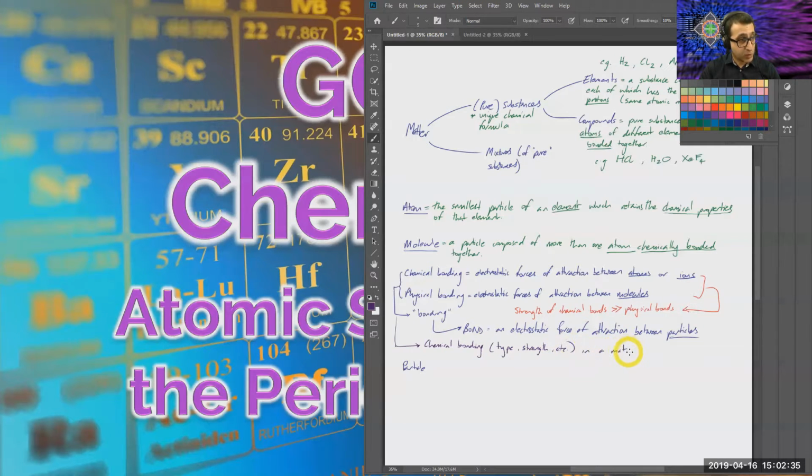Now again, I'm using the word material here because it refers to the chemical bonding within elements and compounds, pure substances, but also the chemical bonding within the elements and or compounds that make up a mixture. The chemical bonding in a material determines the chemical properties of that material.